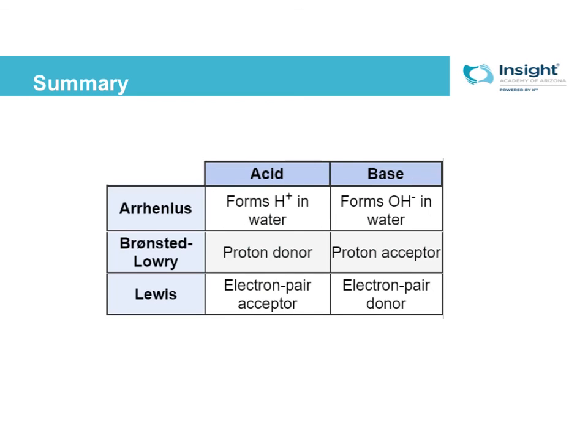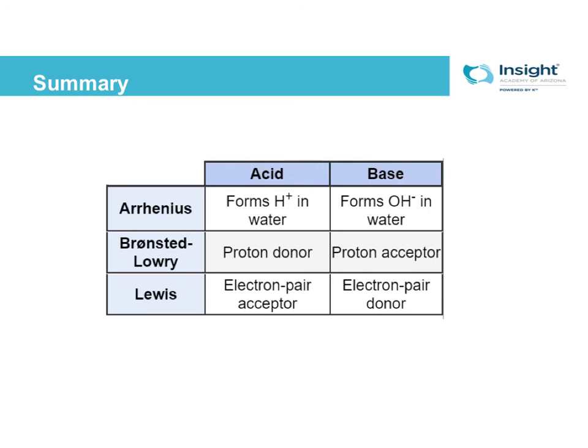If you want a simple table to write down to help you remember these things: according to Arrhenius, acids form H pluses. Bronsted-Lowry says that's actually donating a proton. And finally, Lewis, the most recent definition, says that it is accepting an electron pair.